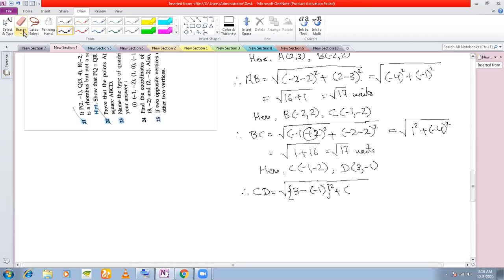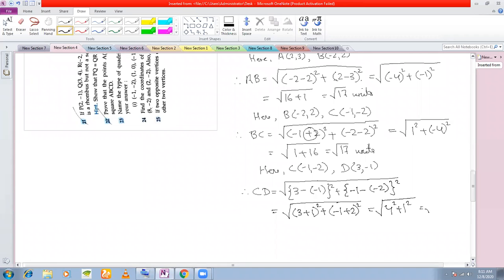And again here minus of minus 1 and minus of minus 2. So again this comes to root 17. 16 plus 1 is root 17 units.